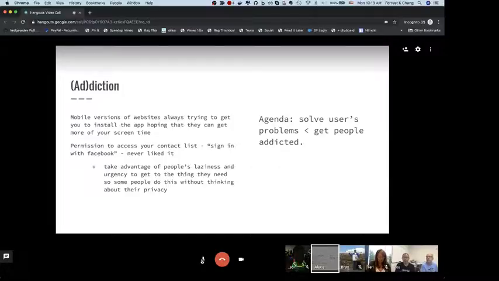I just think it takes advantage of people to get to what they want to do, without them having to think about whether this is going to affect their privacy. Solving users' problems is lower down on the list than getting people addicted.